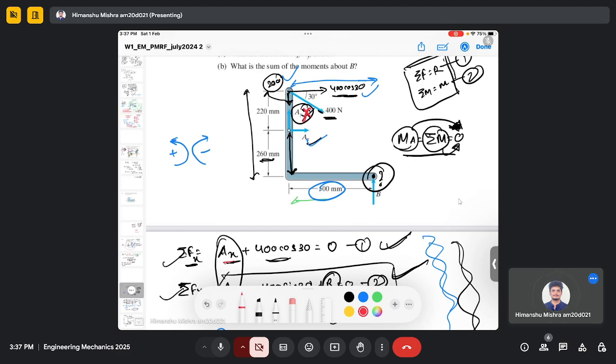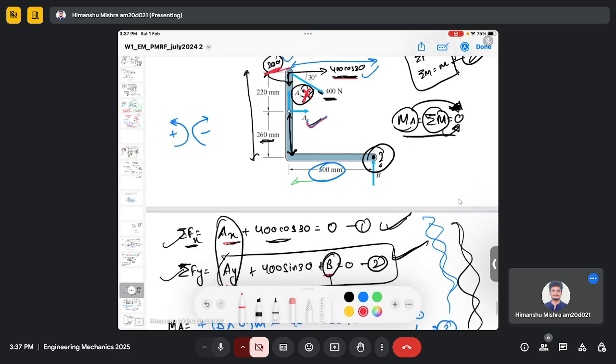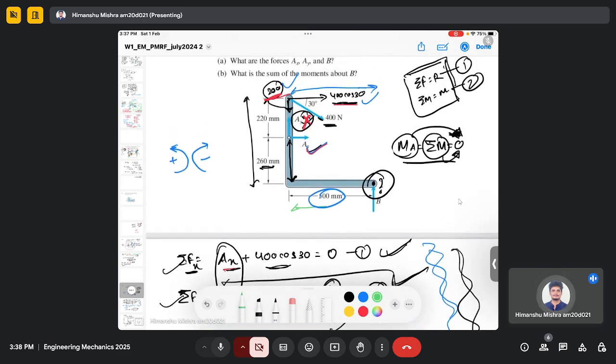So we have to consider the moments due to the force AX, 400 cos 30 and 200 Newton. And for the sign convention, you can visualize. So the 400 cos 30 will rotate in a clockwise direction about point B. So it's a negative moment according to this sign convention. 200 is directed downward, so it will rotate in a counterclockwise direction.